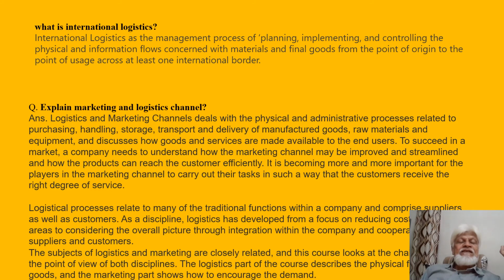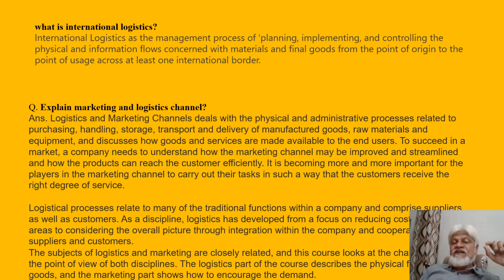To succeed in a market, a company needs to understand how marketing channels may be improved and streamlined, and how the products can reach the customers efficiently. It becomes more and more important for the players in the marketing channel to carry out their task in such a way that the customer receives a high degree of service. End of the day, because customer is running your business, remember.